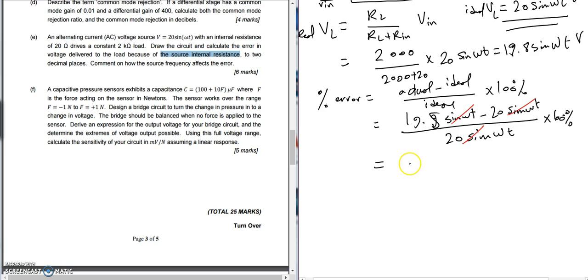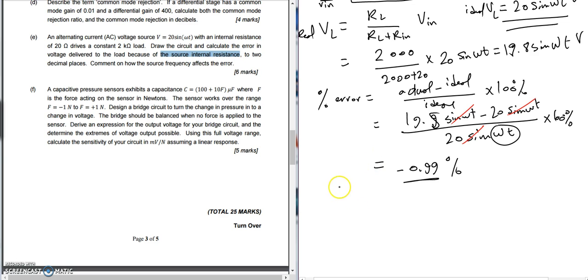This is gonna be 0.99%, or minus 0.99%. As you can see, the sine omega t, whatever omega t is, omega is the angular frequency. Whatever this is, it does not affect the fact that the error will always be 0.99.